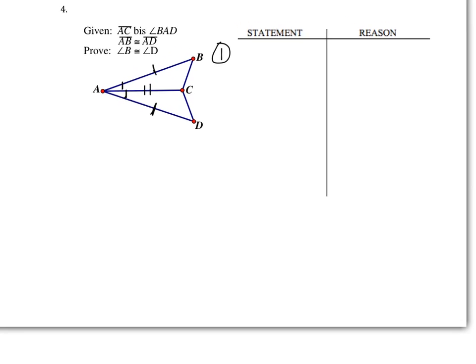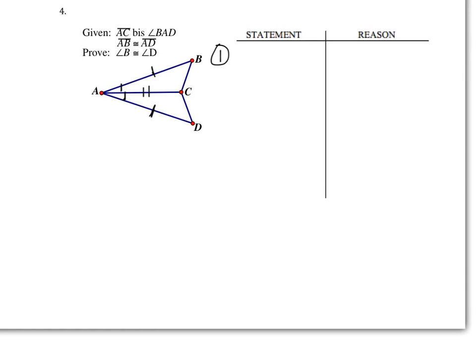We have that AC bisects angle BAD. We also know that AB is congruent to AD. And I'm going to put a little S off to the side there because that's one of my sides for my congruence statement.